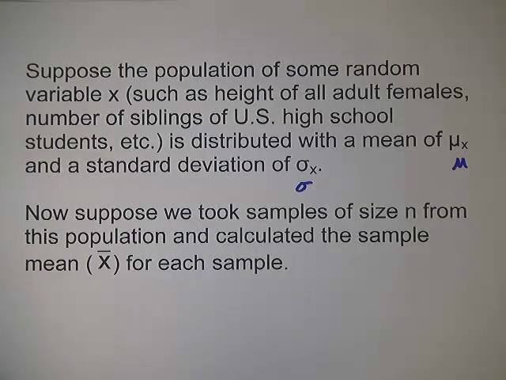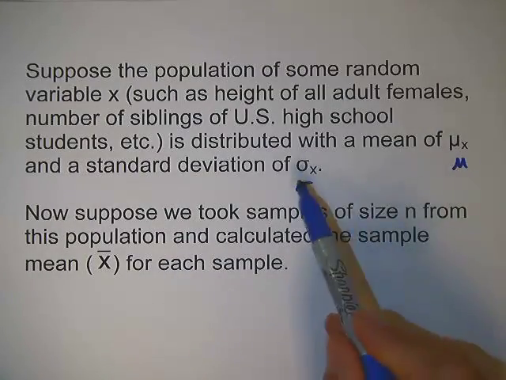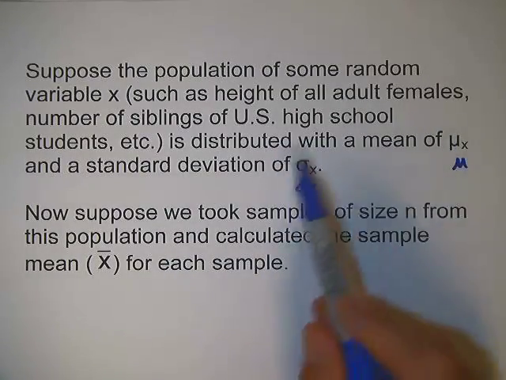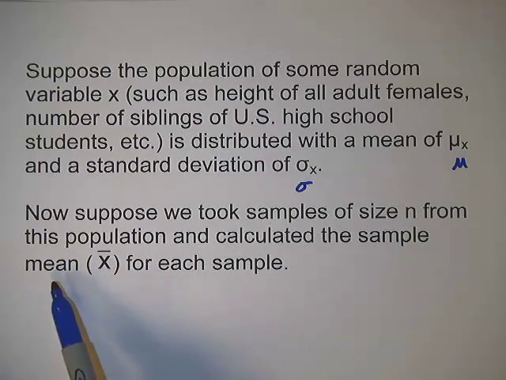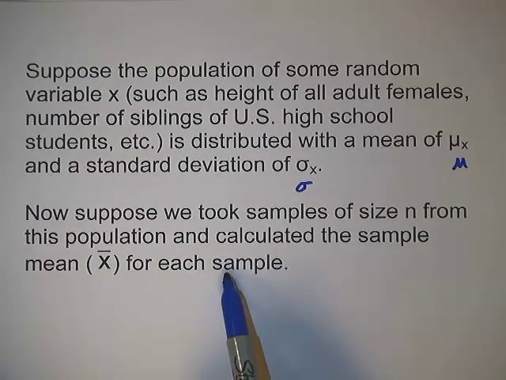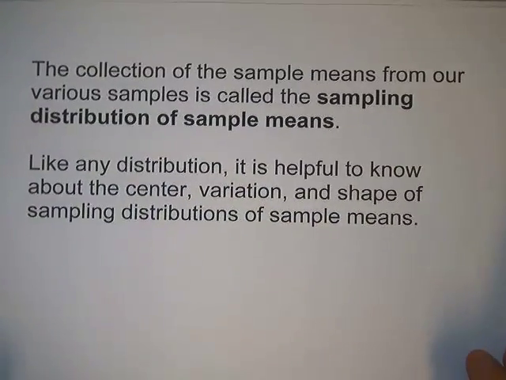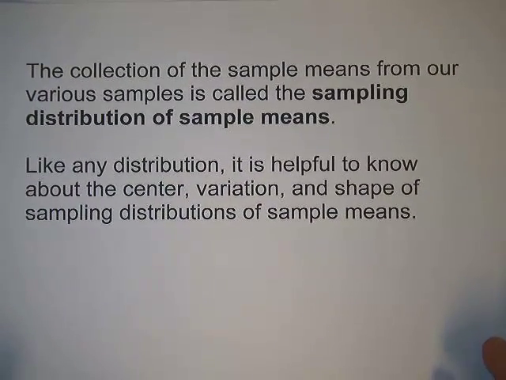Now suppose we took samples of size n from this population and calculated the mean x bar for each sample. The collection of the sample means from our various samples is called the sampling distribution of sample means.